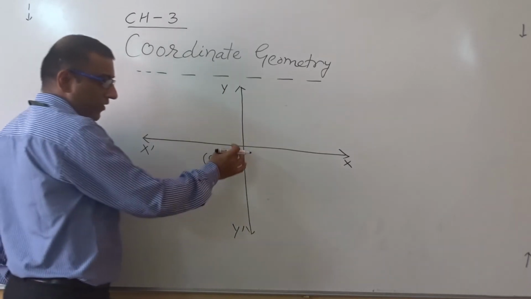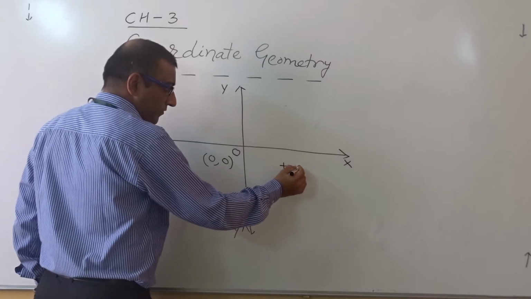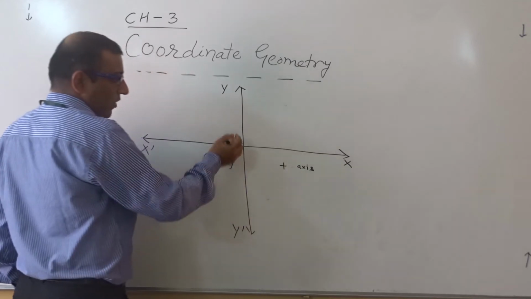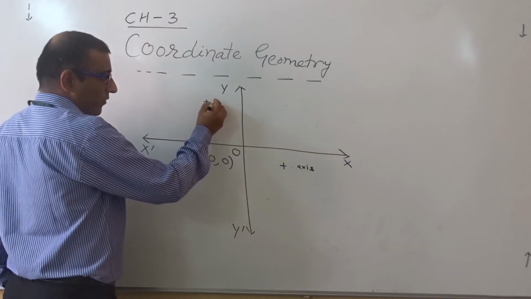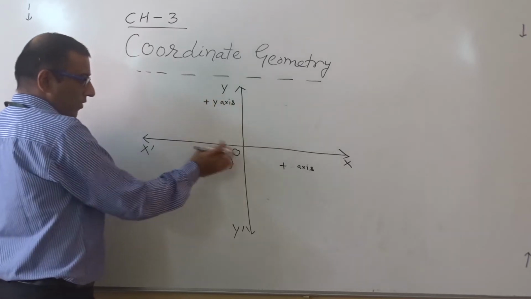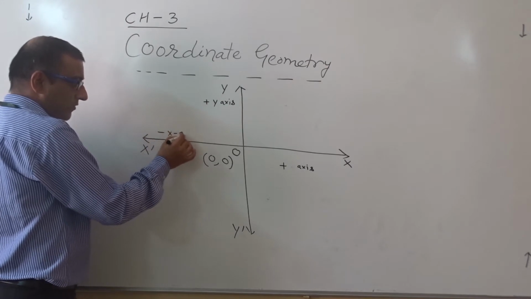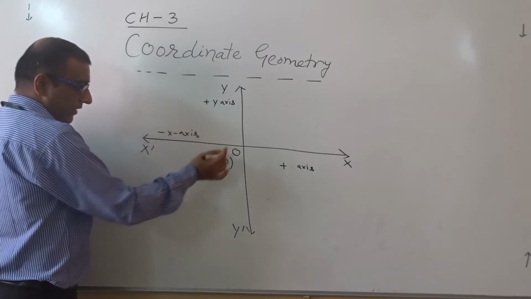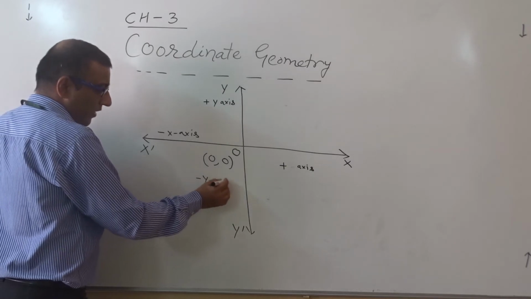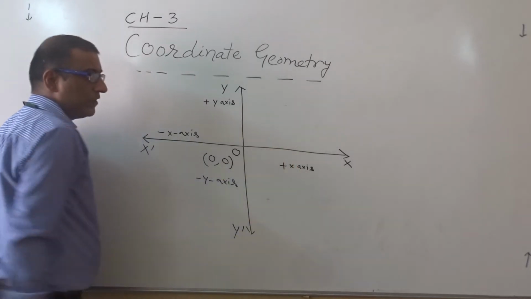We can say this OX axis is the positive x axis, this OY axis is the positive y axis. This OX' axis is known as the negative x axis, and this OY' axis is known as the negative y axis.